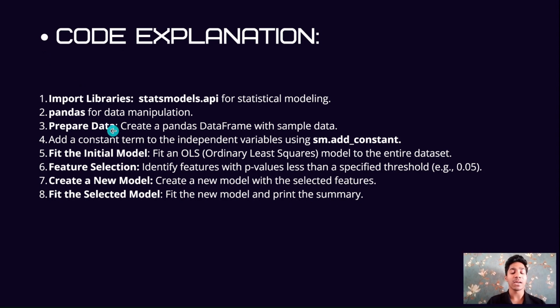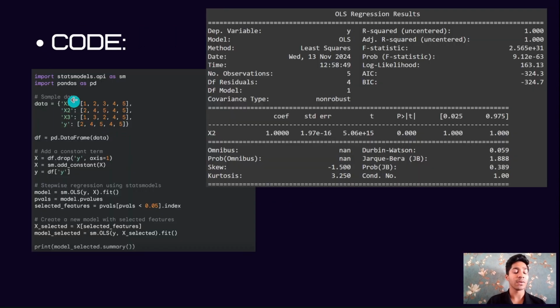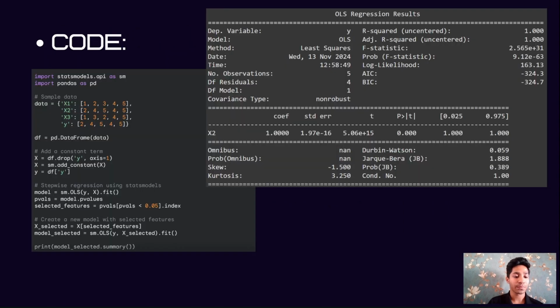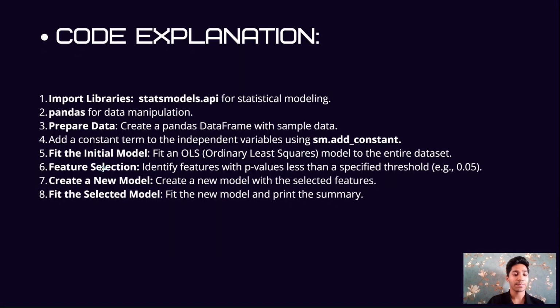We create a pandas data frame with simple data. We add a constant term to the independent variables using sm.add_constant. Then the fifth step is to fit the initial model, fitting an OLS model to the entire dataset. Then we have feature selection, which identifies features with p-values less than a specified threshold.